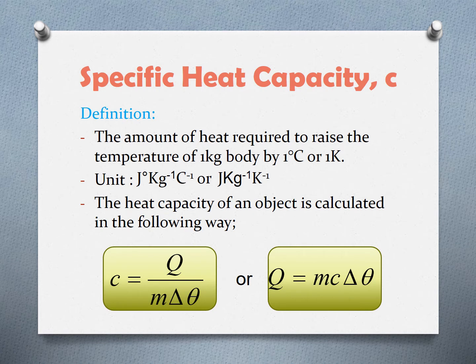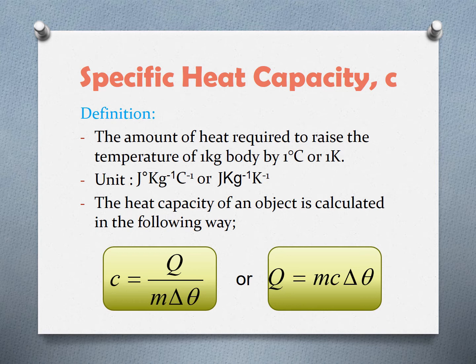Now we are talking about specific heat capacity. Okay, what is specific heat capacity? Specific heat capacity is the amount of heat required to raise the temperature of a 1 kilogram body by 1 degree Celsius or 1 Kelvin.